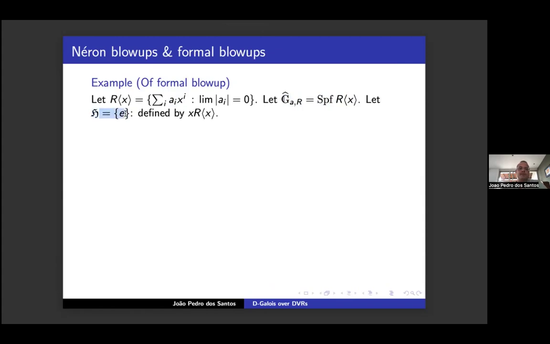So I take the identity, but now it's the identity of the formal group. I blow up, and again I have this sort of behavior. The ring of functions of the blow-up is just this thing here: functions on kx whose first coefficient is really an integer. So this is a strange ring, you could say.